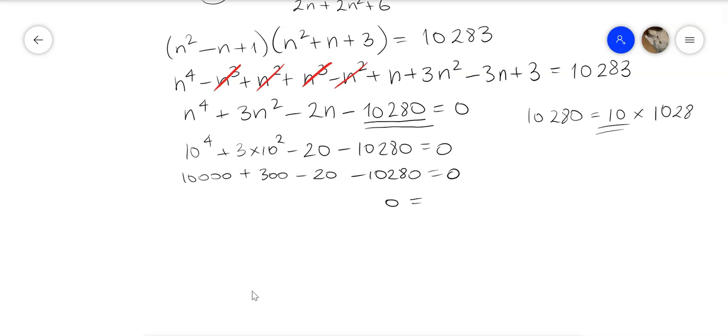So we write 0 equals 0, which proves that n equals 10 is a root of the equation. And if n equals 10 is a root of the equation, it means that n equals 10 is the solution to the given problem.